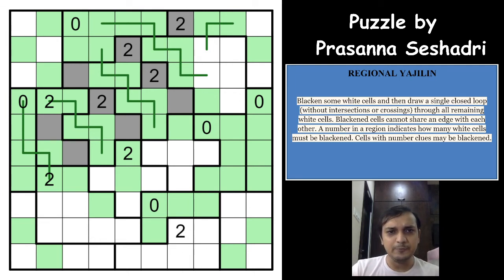Which means that one of these four cells will have to be shaded and one of these two cells will have to be shaded, right? And again, by the 2 into 2 group logic, we can unshade this cell, because if I shade this cell, what happens is this cell will be shaded and this cell will be stranded here, right? So let's see if we get anything else with this logic now.